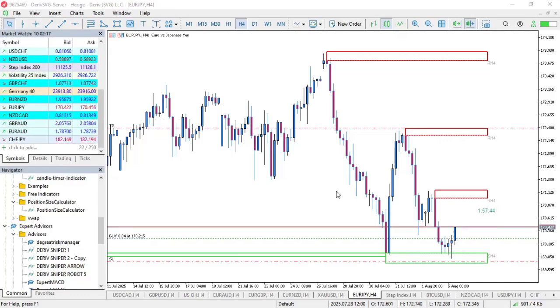It is only on MT5. For this strategy, you don't need a TradingView account or any other charting platform. You only need an MT5 account and the pairs you are trading. You can use TradingView if you want to look at other zones, but this is all you need.